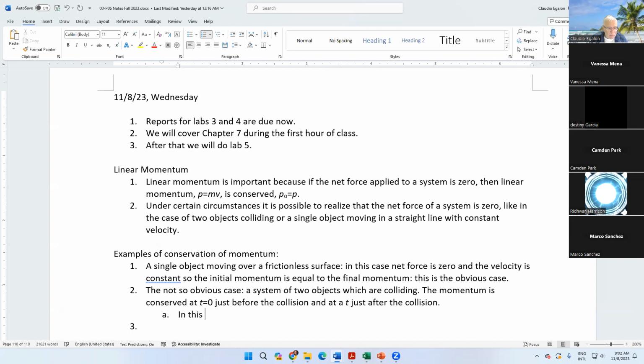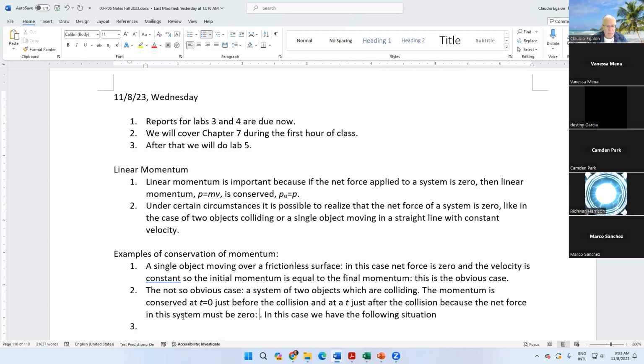In this case, we have the following situation. Now, this is the not so obvious case, a system of two objects which are colliding. The momentum is conserved just before the collision and just after the collision. Why is that? Because the net force in this system must be zero.